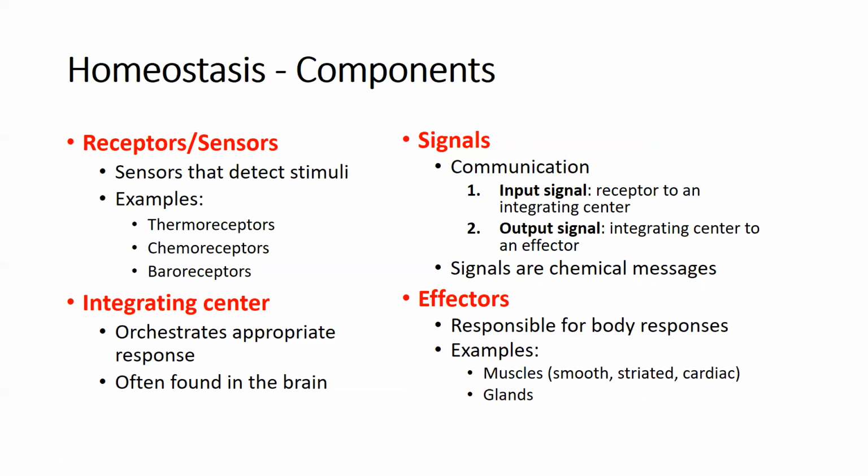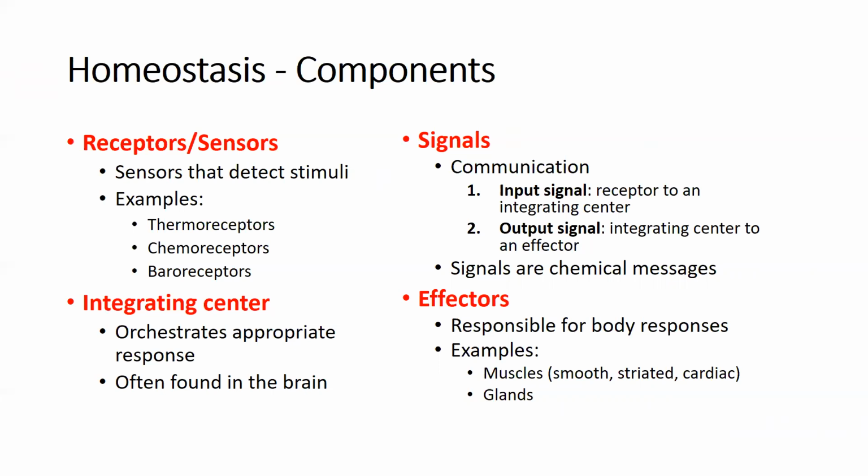Examples of these receptors are the thermoreceptors, which detect changes in temperature, chemoreceptors, which detect changes in chemical levels, and baroreceptors, which detect changes in pressure. One of these three receptors will detect that initial stimulus and will report it.